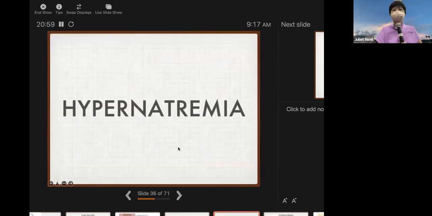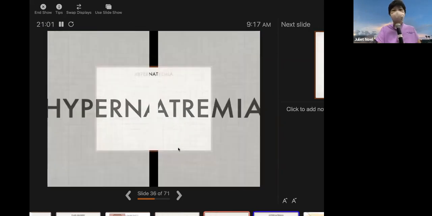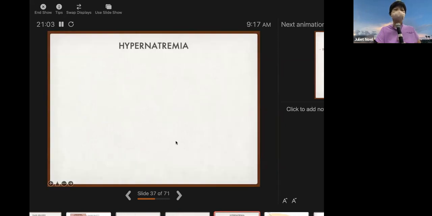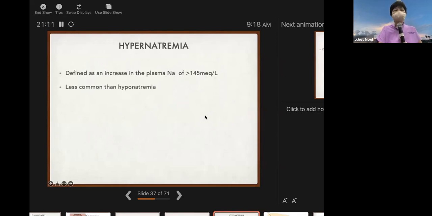So the next problem would be hypernatremia, which is the opposite, no? It's sodium above 145. This is less common, as I mentioned, because of the ADH secretion and the thirst mechanism.